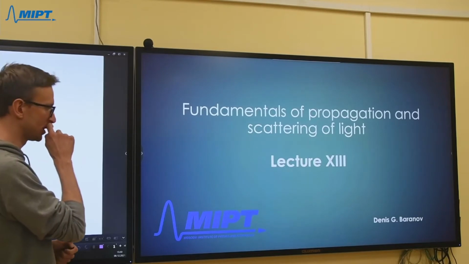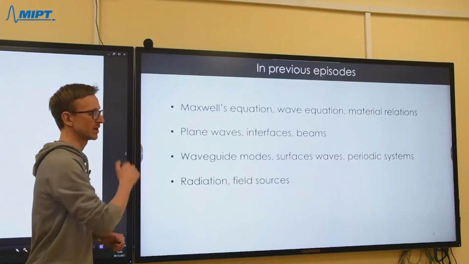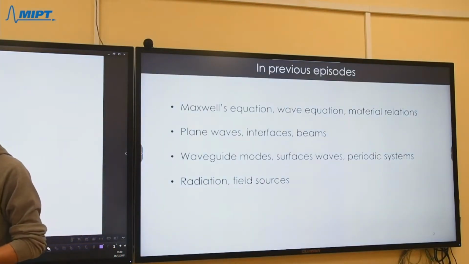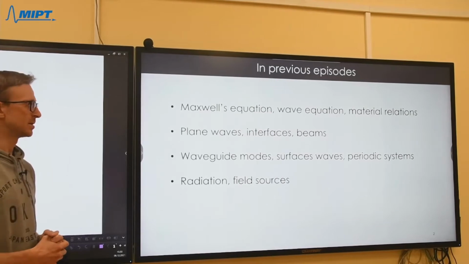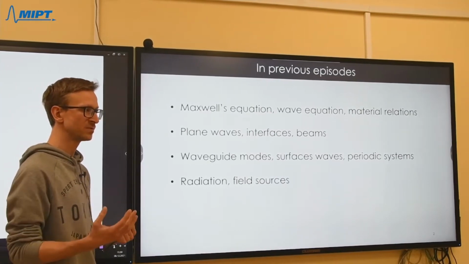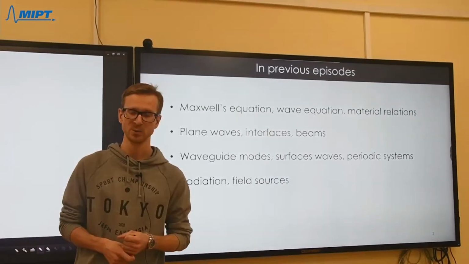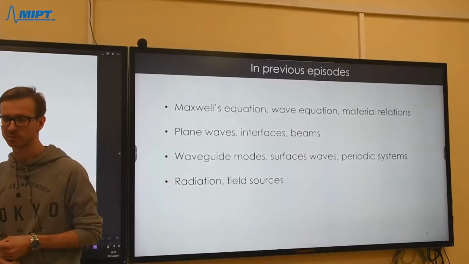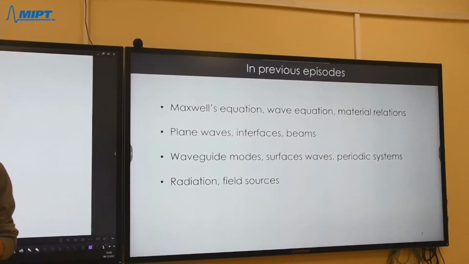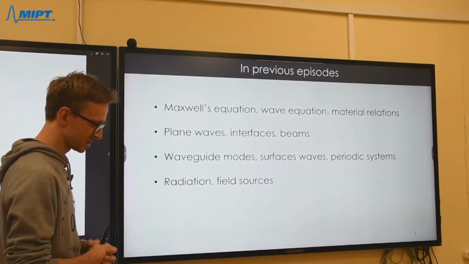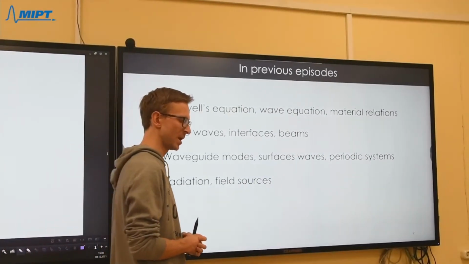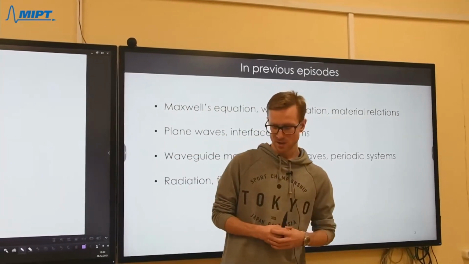If you remember, in the last 12 lectures we've been discussing, first of all, the fundamentals of electromagnetics. Then we discussed the primitive propagating solutions such as plane waves and various superpositions of plane waves, cylindrical beams, Bessel beams, Gaussian beams. We discussed what happens to waves at interfaces.